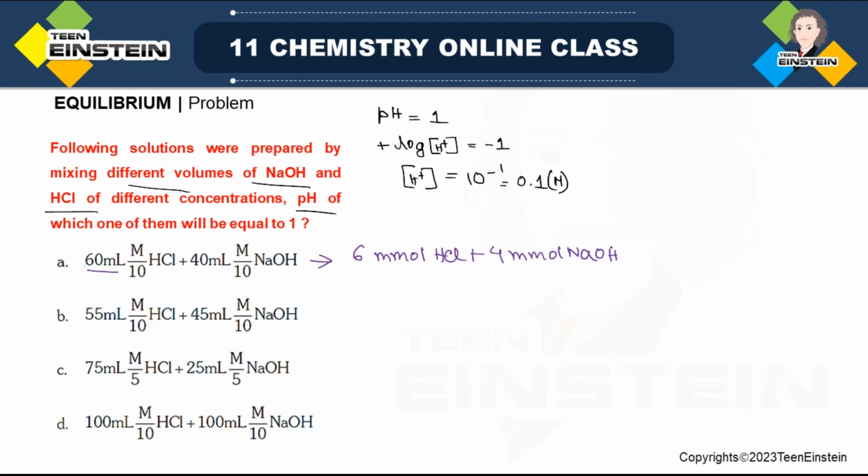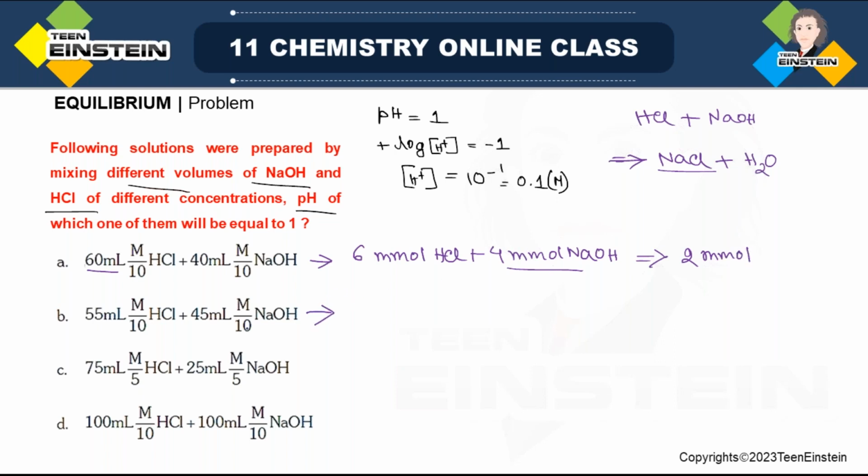Now this reaction between HCl and NaOH is 1:1. It produces NaCl and water. 1 mole of HCl will always react with 1 mole of NaOH and produce 1 mole of NaCl. Now here we have 6 millimole HCl and 4 millimole NaOH. That means all the NaOH will be consumed, but 2 millimole of HCl will remain in excess, right?